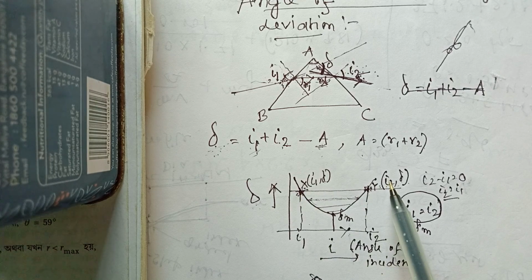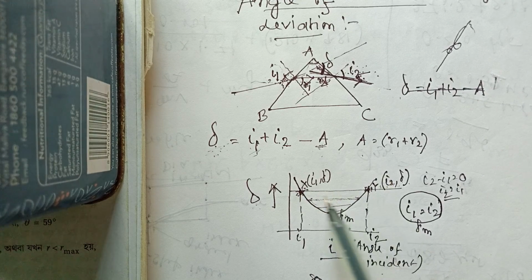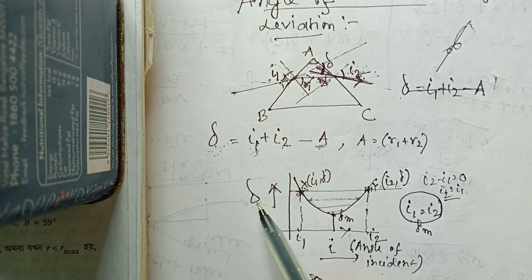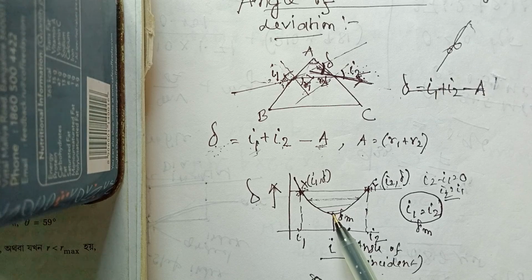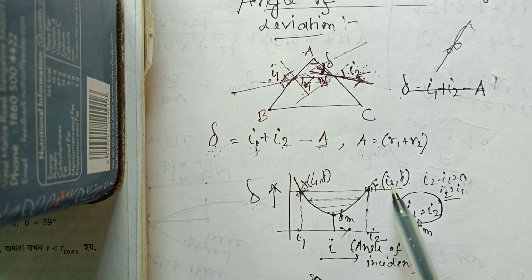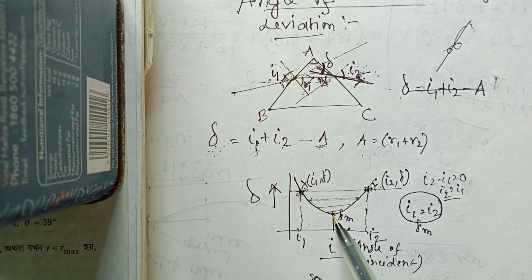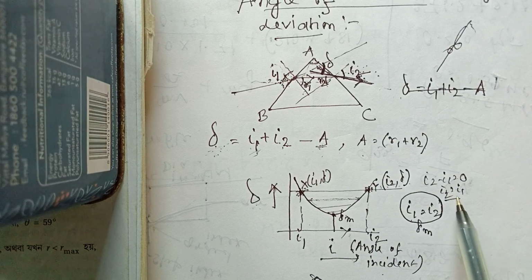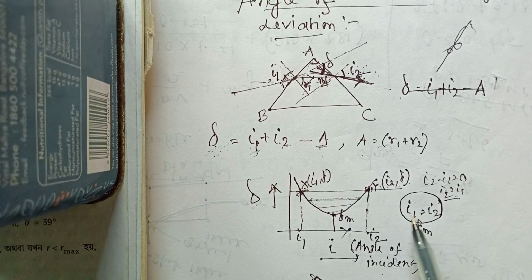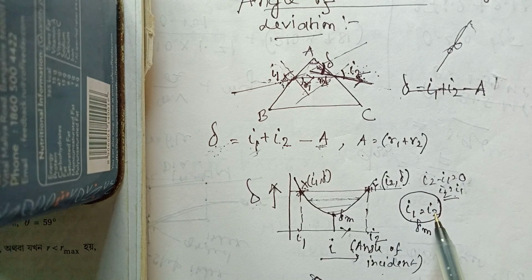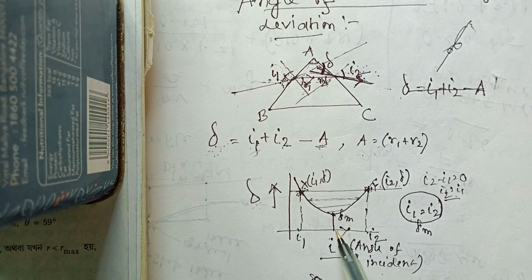I1 and I2. Now look at this point where delta is minimum. Here you can see I1 and I2 are both the same. So I1 minus I2 should be 0. I1 should be equal to I2 at the delta m value.